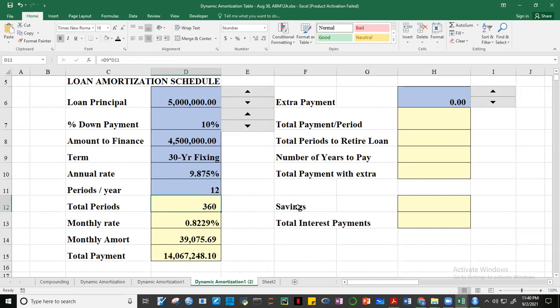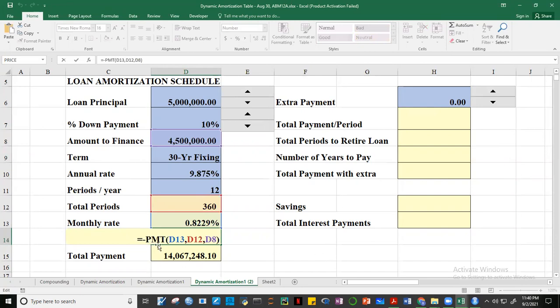So for the total periods, this is easily computed by the number of years multiplied by the frequency of compounding. And then the rate is equal to the annual rate divided by the compounding. And then we computed for the amortization.